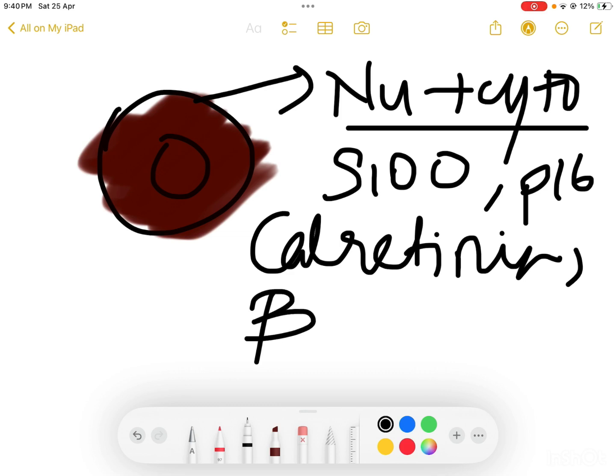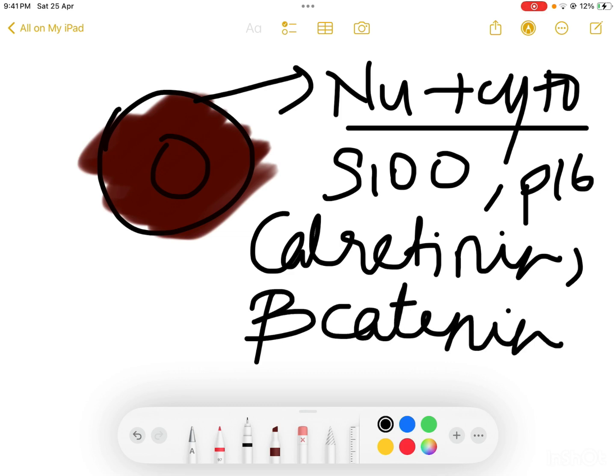And then there is beta catenin. The thing you have to remember is that when there is nuclear and cytoplasmic positivity, that is normal.